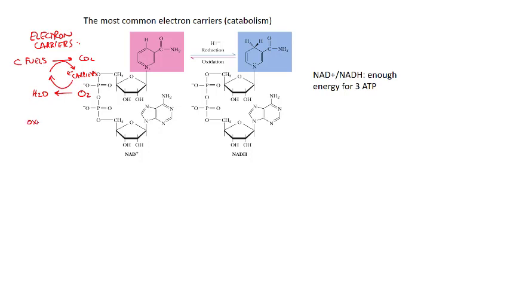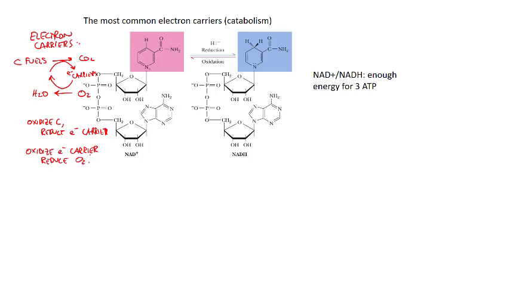We first oxidize carbon and reduce an electron carrier, and then later reoxidize the electron carrier and reduce oxygen.